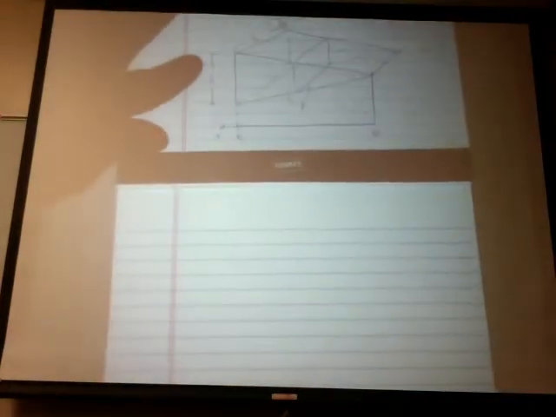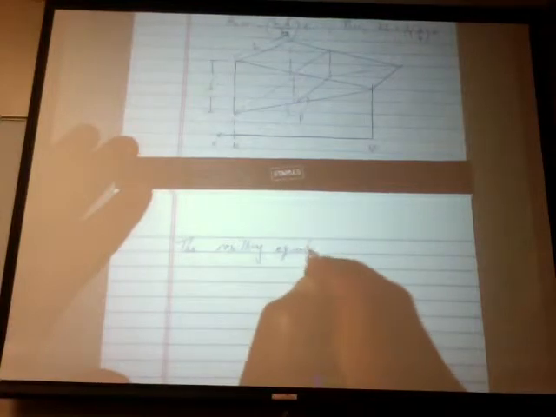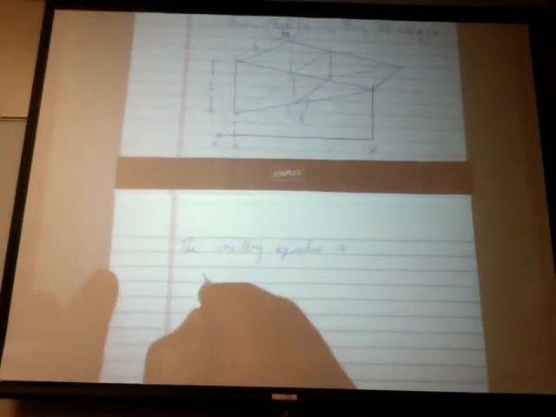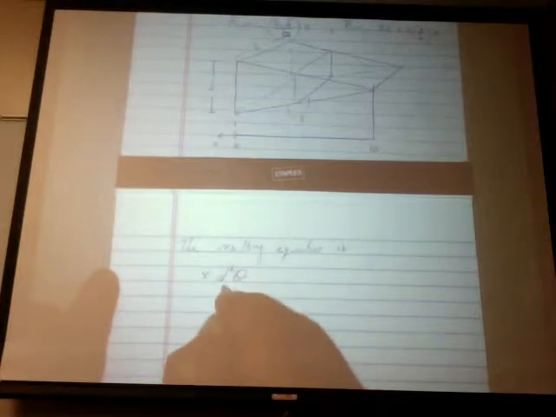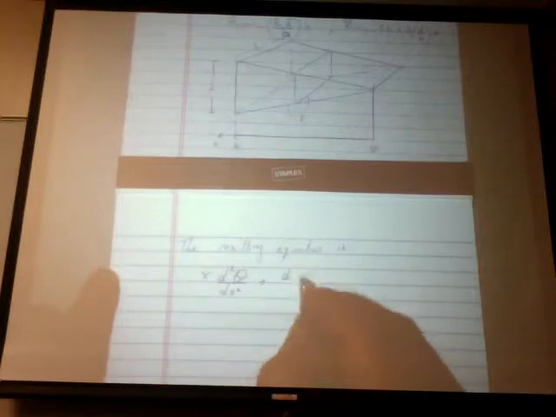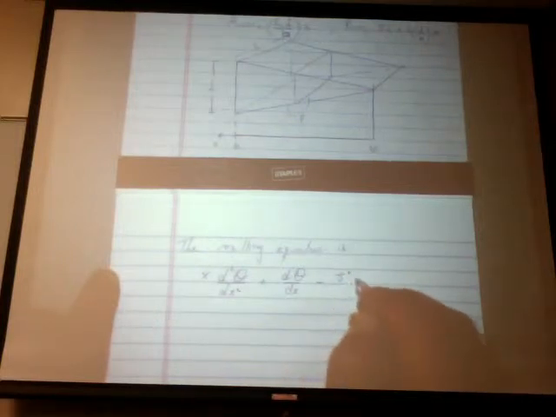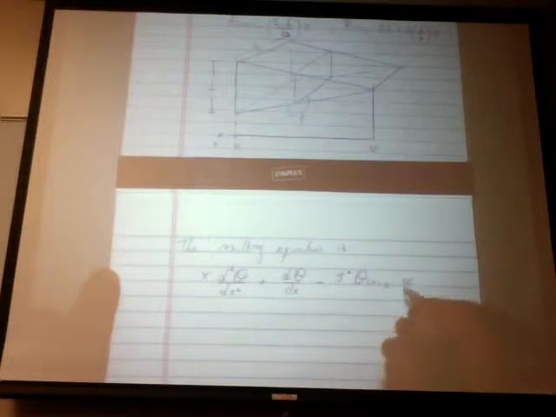So we end up with the resulting equation: x d squared theta/dx squared plus d theta/dx minus gamma squared theta of x is equal to 0.